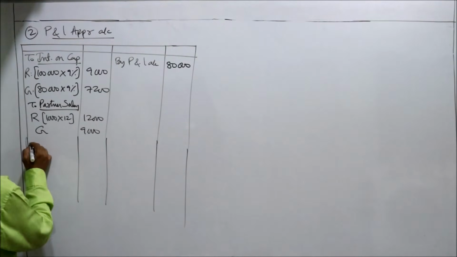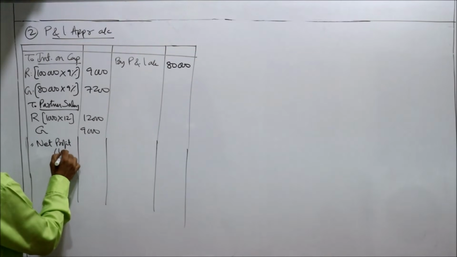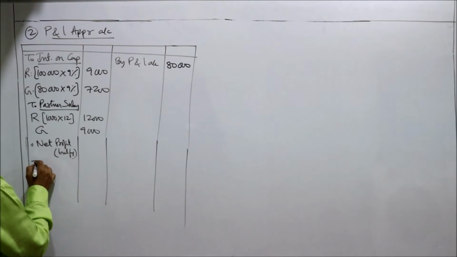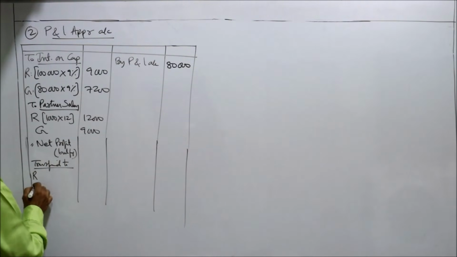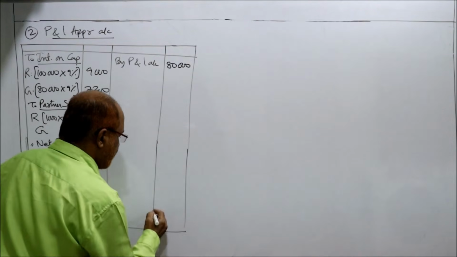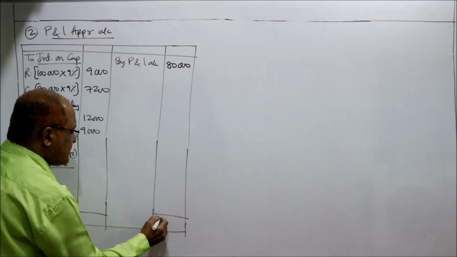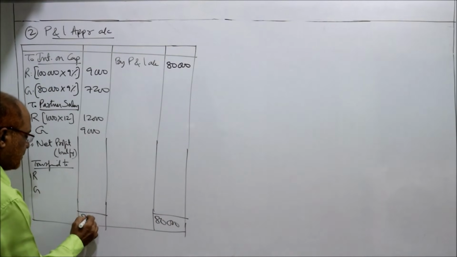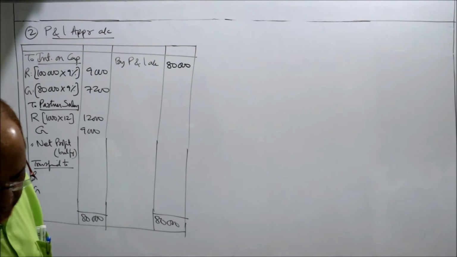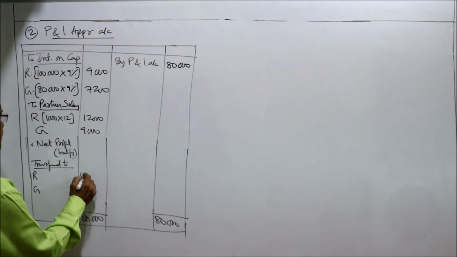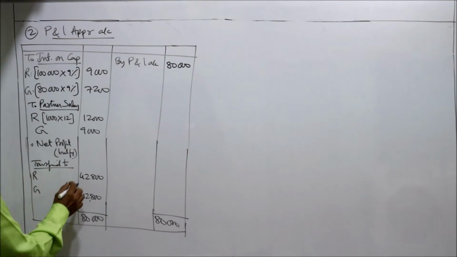Now net profit, balancing figure, transferred to Ravi Giri. The total on the credit side 80,000. From 80,000 subtract these 4 items, you will get 42,800.